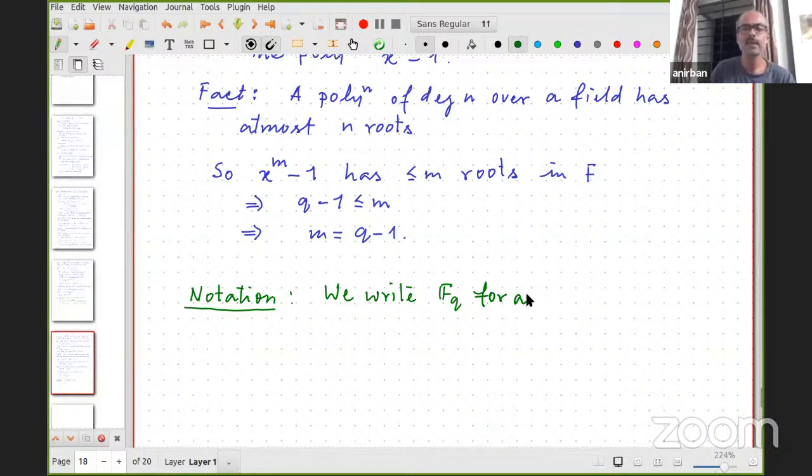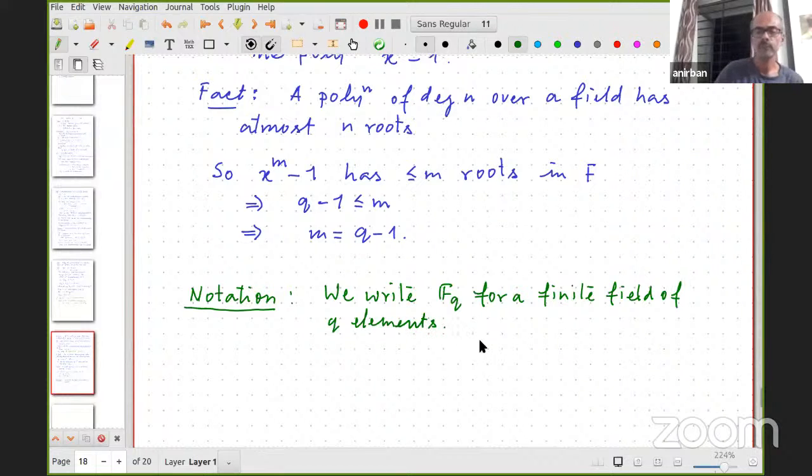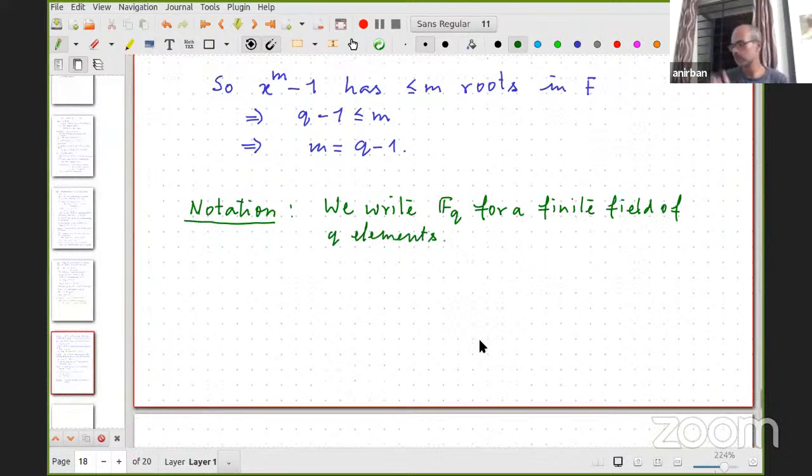So that's the standard notation followed in every book. So for a finite field of q elements, F_q, finite field of q elements. So that would be a standard notation.